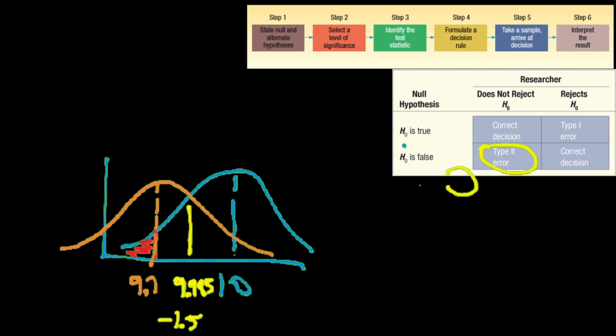That could be the case. Maybe we have some major issues with our chopstick production line, but we happen to get a sample out of this population that has a mean of 9.7. We happen to get a value that is high enough that it still falls in the acceptable range for our original null hypothesis. So that is going to occur from time to time, and that's what we refer to as a type 2 error.